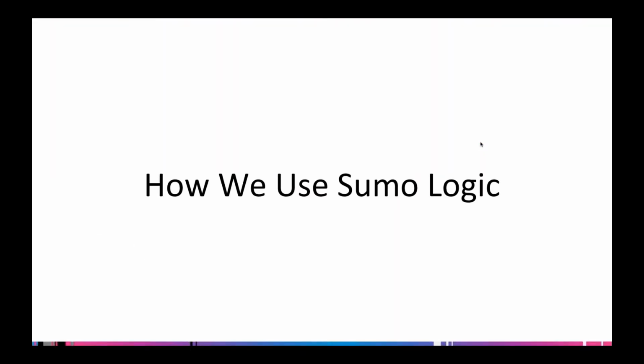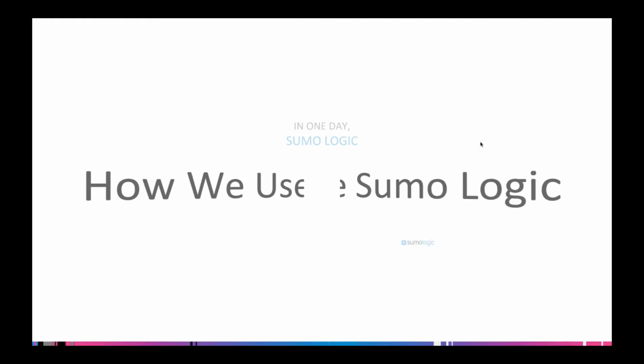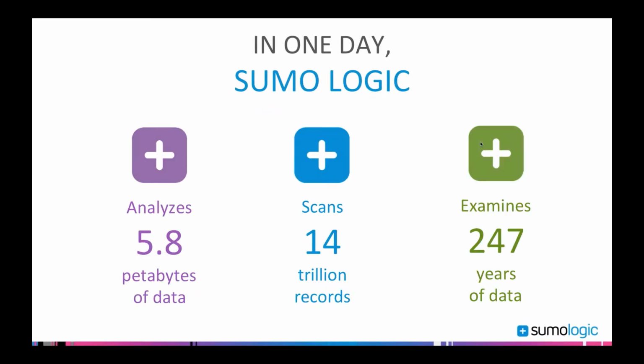So with that, I want to change gears and talk a little bit about how we use Sumo at Sumo. We are running a very large system, collecting a lot of data, analyzing a lot of data, and we are barely 2.5 years into the market, and this is tremendous scale. And we are growing at a very rapid pace, and this scale will only grow bigger over the next 2, 3, 4 years.